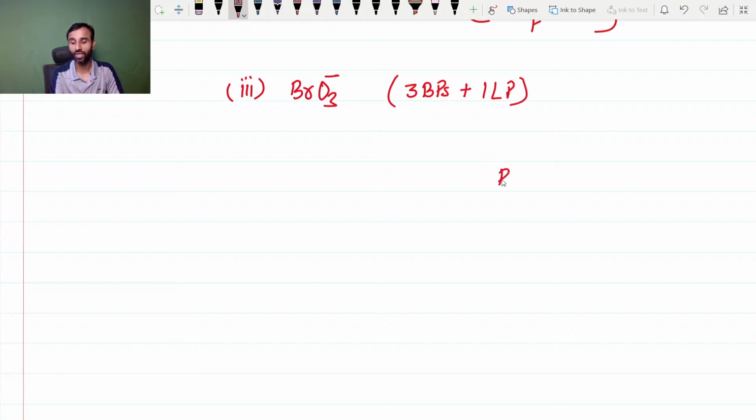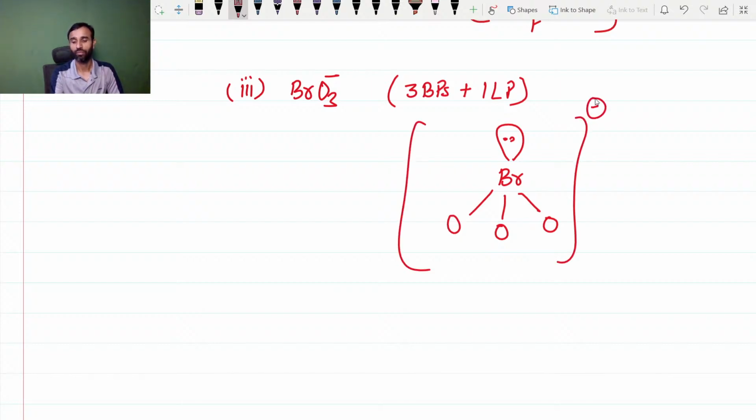So when they are arranged, the arrangement is tetrahedral, but the shape is pyramidal. And the 1 negative charge means 1 single bond with oxygen. The number of negative charges indicates the number of single bonds with oxygen.